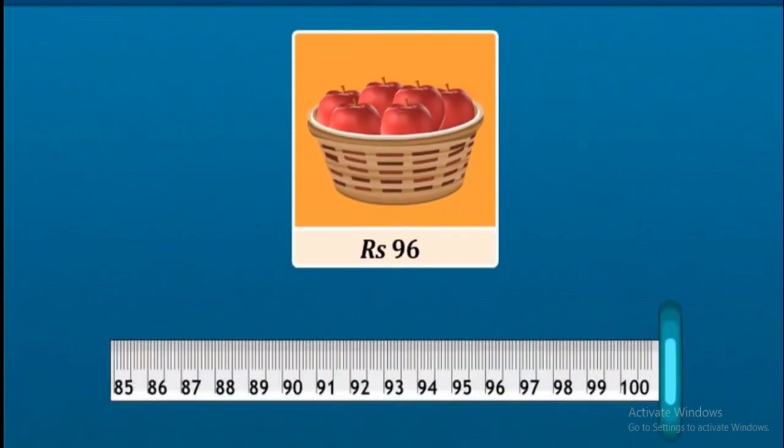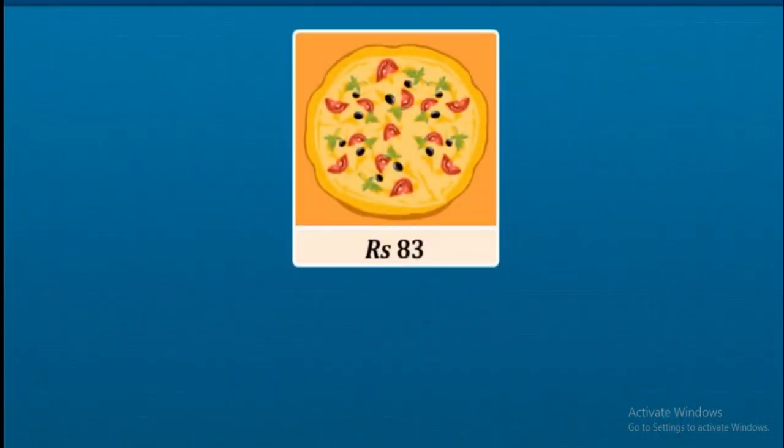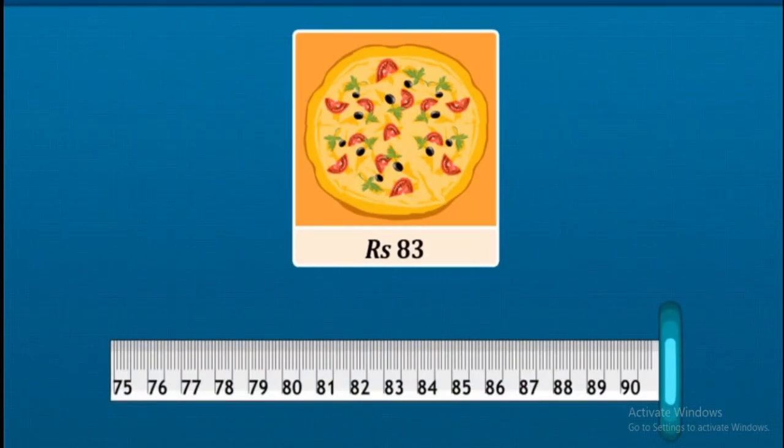In the first case, since 96 is closer to 100 than to 90, we say approximately 100 and not approximately 90. In the second case, since 83 is closer to 80 than 90, we say approximately 80 and not 90.